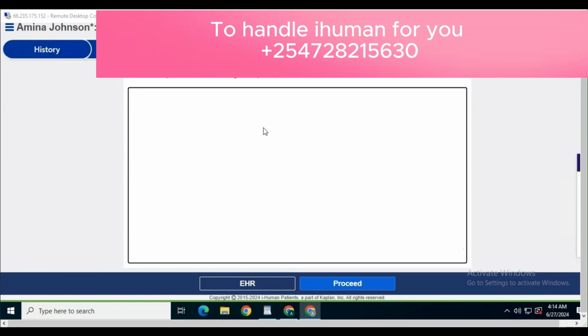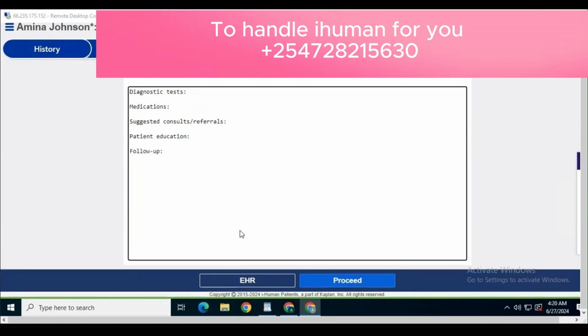You are also supposed to give patient education on what some people refer to as home remedies that can help this patient recover from his or her problem.